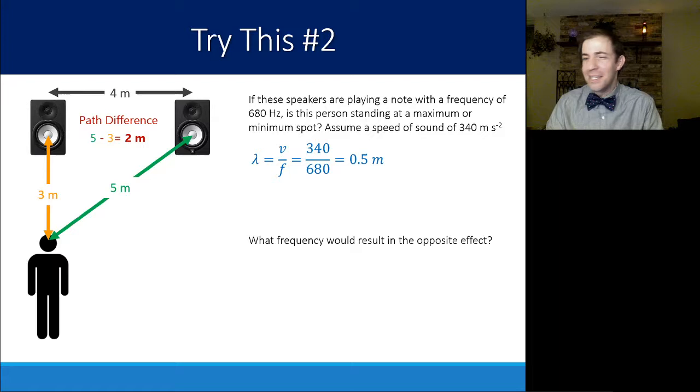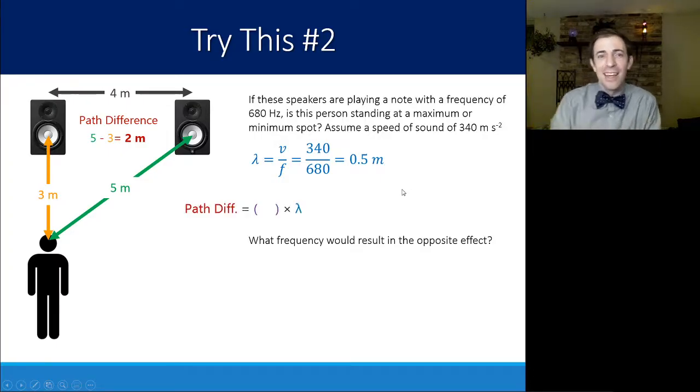So 340 divided by 680. That gives you a wavelength of 0.5. And then your path difference is going to tell you here if this is an integer or an integer plus a half. So go ahead and figure out from that, would that give you a maximum or a minimum?